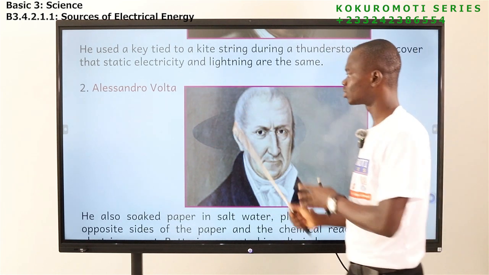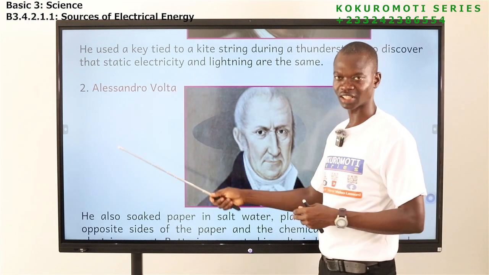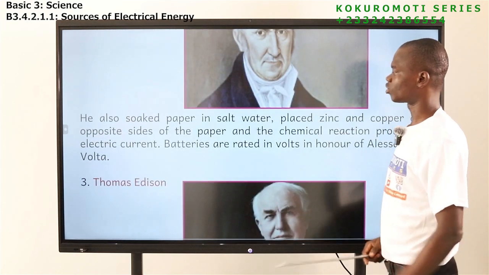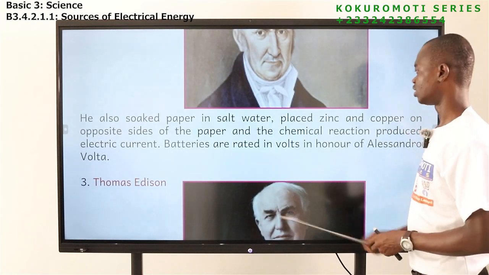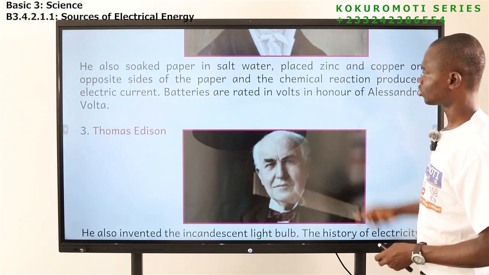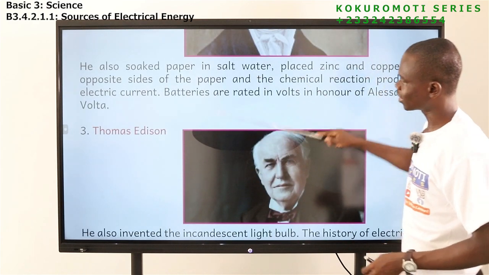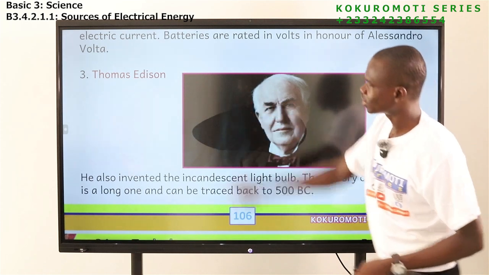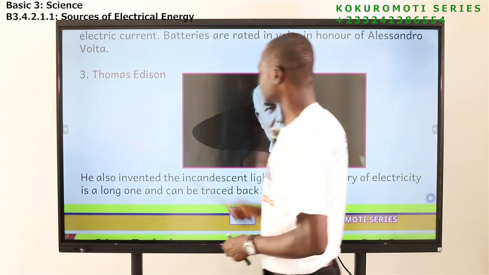So volts comes from Volta. That is a recognition for the work he did in the discovery of electricity. So we have Benjamin Franklin, Alessandro Volta, and then another one called Thomas Edison.